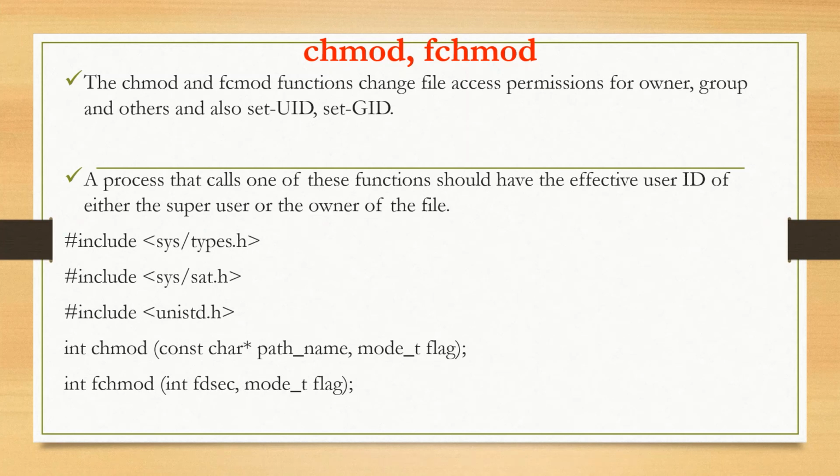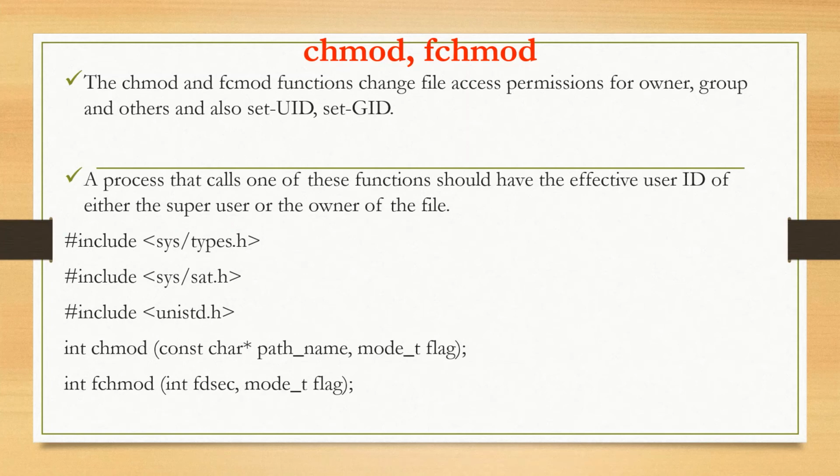Here we discuss two different functions, chmod and fchmod. These functions change the file access permissions for owner, group and others, and also set the UID, that is set user ID, set GID, that is set group ID, and sticky flags, which are required for identification.